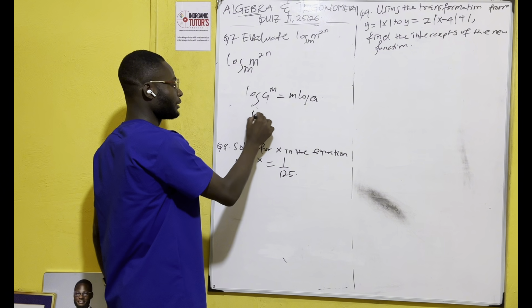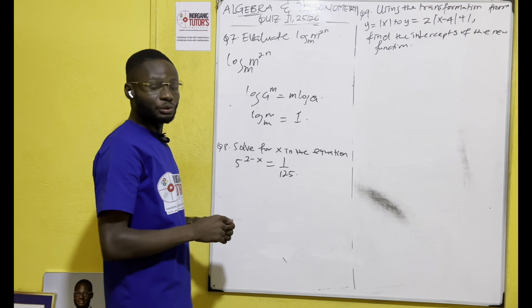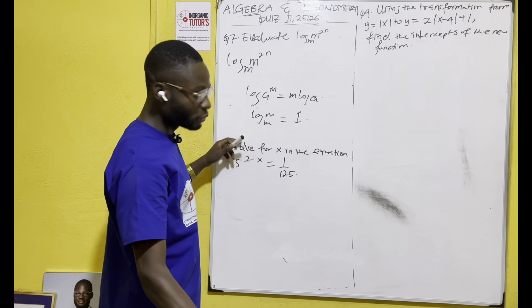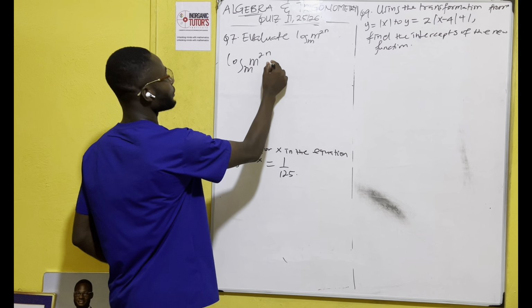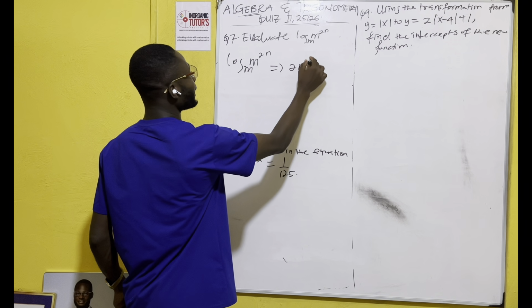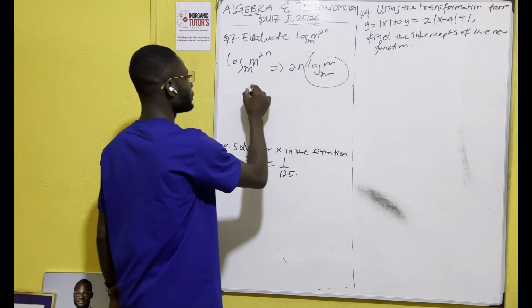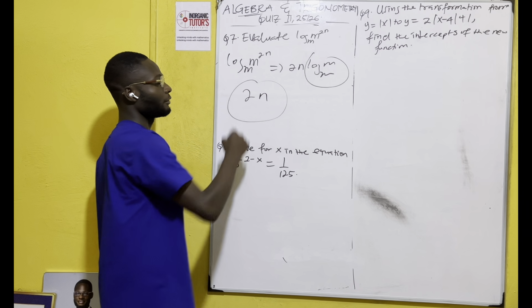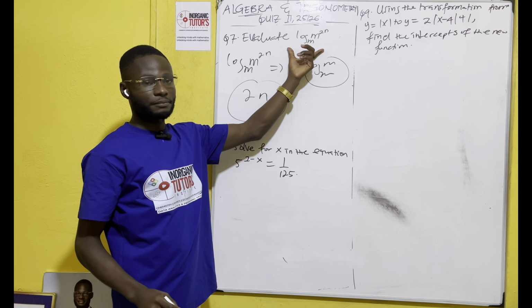And then we say that log m base m is equal to what? 1. So we are going to use these two properties to evaluate the expression. So here we are going to have 2n log m base m, and this is 1. So we have 2n as our result. So that is the result for evaluating this.